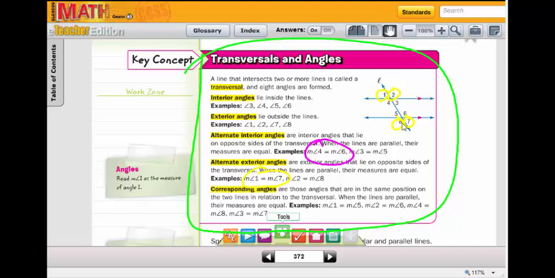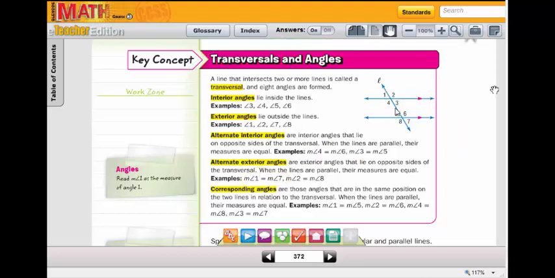Make sure you have this in your notes because this is quite a lot to remember. And then lastly, corresponding angles would be 1 and 5, for example, 2 and 6, 4 and 8. I'm not going to mark all these, because it's going to really get crowded here with the same color ink, and that's why I did it on the other page in various colors of ink.